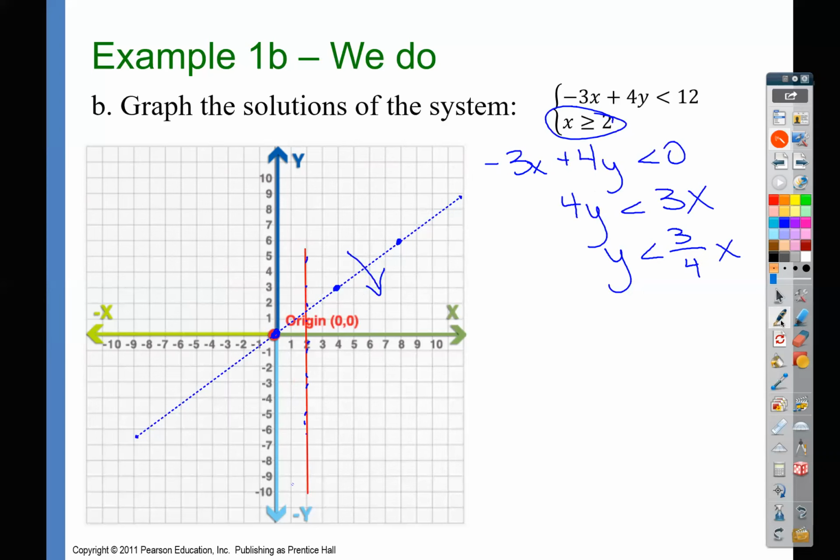It says greater than that, but since you have an undefined slope, you plot all the numbers greater than 2. So you look at where those arrows go together and your shaded region is right here. And there you go.